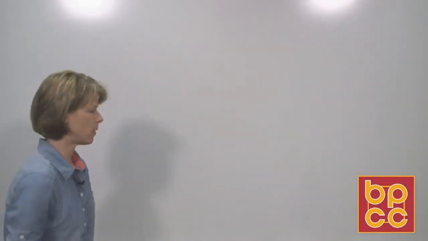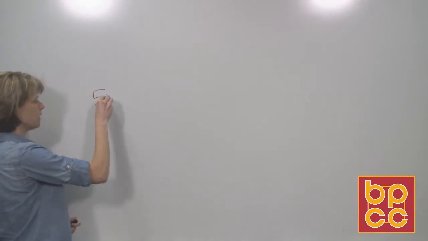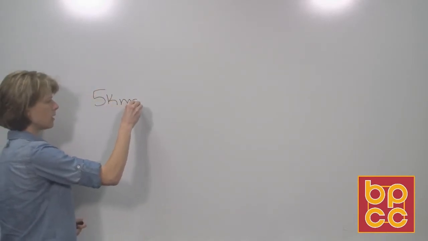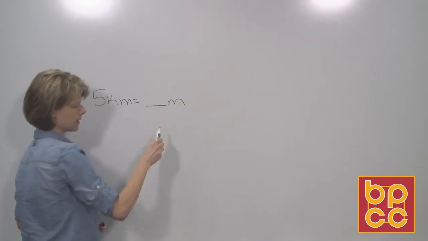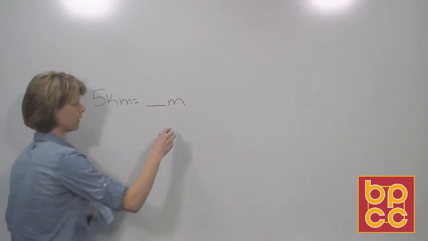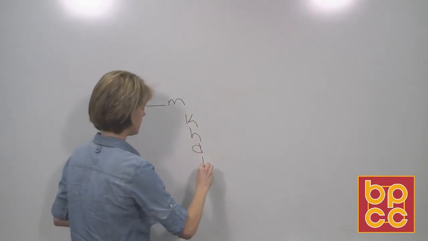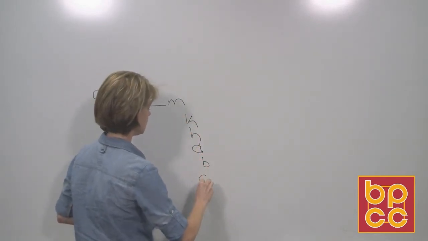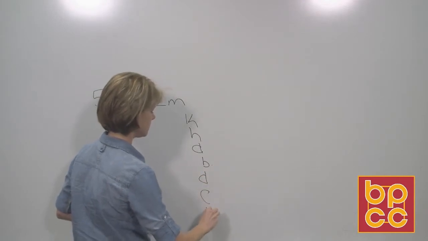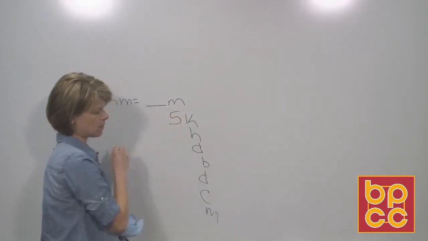So our first math problem is if I have 5 kilometers, how many meters is that? The first thing you need to do is to recall your acronym. KISS HER daily because divorce costs money. Now plug in what you already know. You know that you have 5 kilometers.